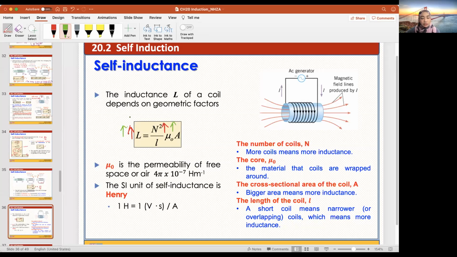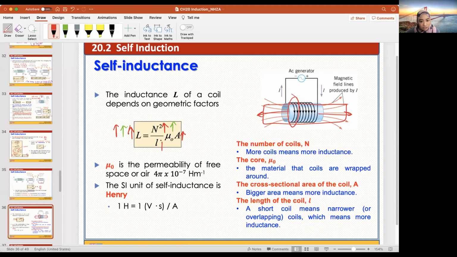Okay, conductors such as copper and iron. And cross-sectional area of the coil, if you increase the area of the coil, okay, this guy becomes bigger, so your L also increases. Length of coil, so this guy becomes lagi panjang, so dia jadi macam ni. Okay, so L is down here.